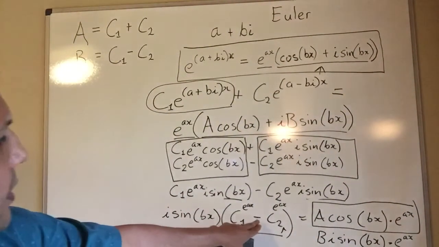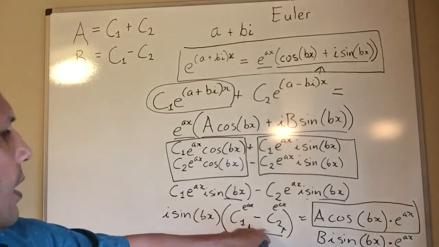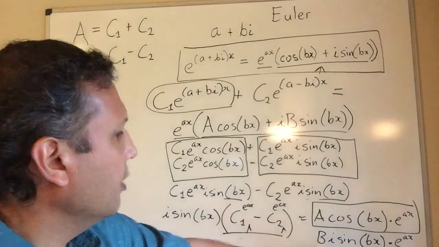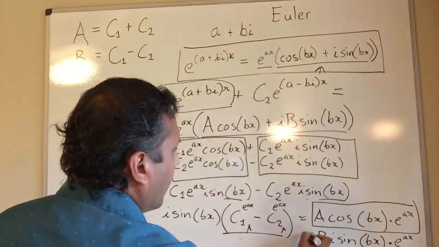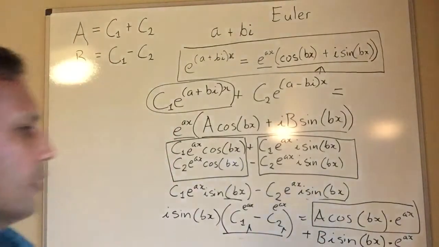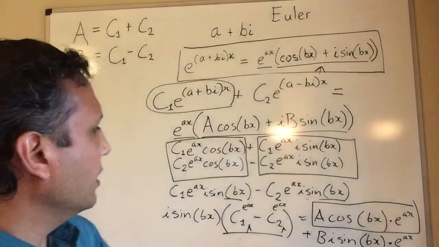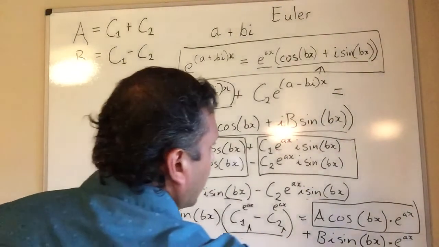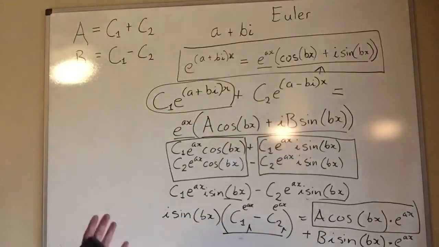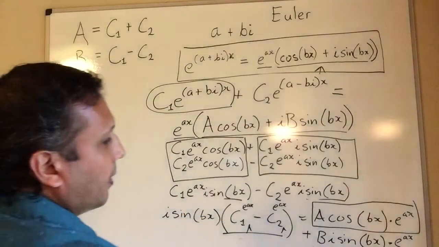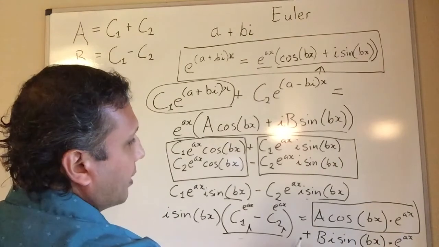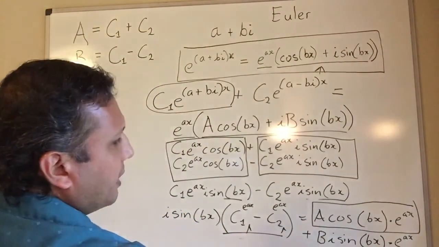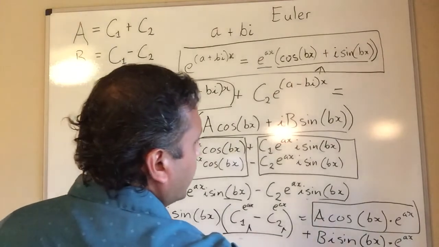Since the subtraction is hidden inside the b, what I have to write is plus on the outside. So now I have the almost last step: a cos bx e to the ax plus b i sine bx e to the ax.